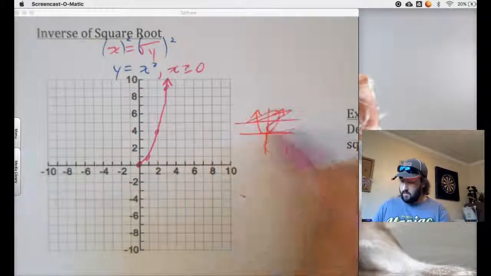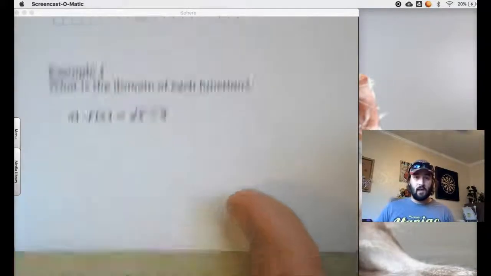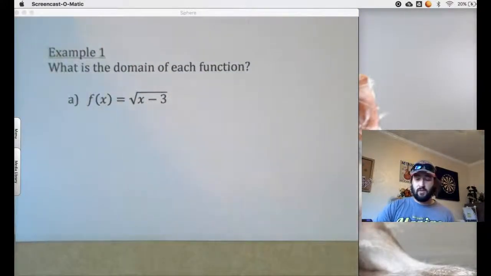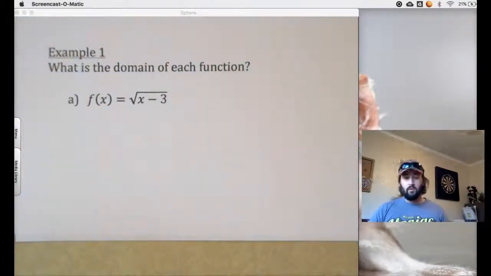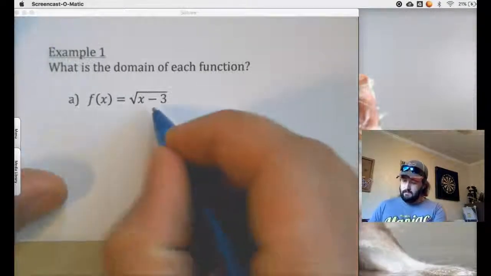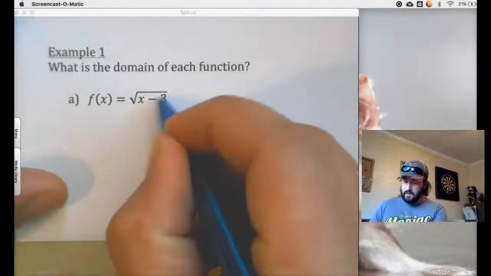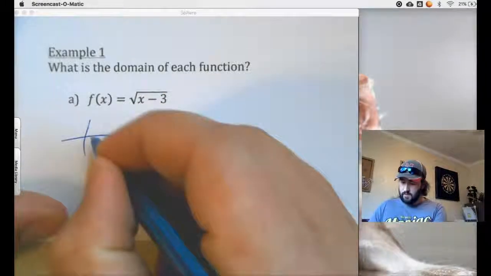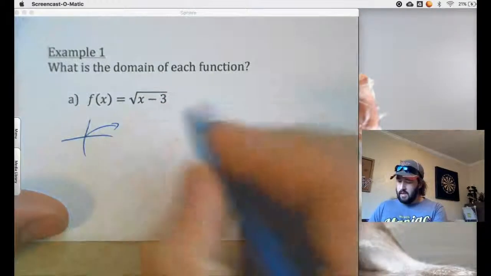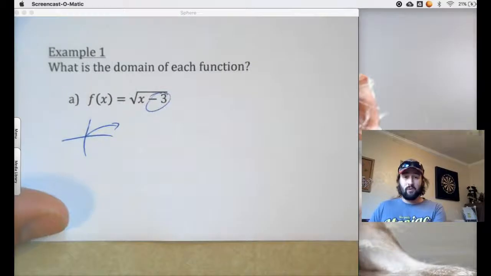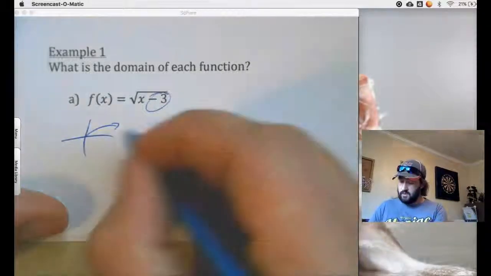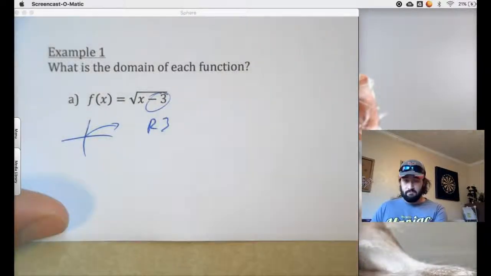All right, moving on. Let's see what else we got. Here, what is the domain of each function? This is going to take you back to the first semester, I think it was Unit 4, where we did all of this. Don't forget that this is our square root function. We have something like that. And this minus 3, since it's inside with the x, does the opposite of what you think, so this is going to move everything to the right 3.